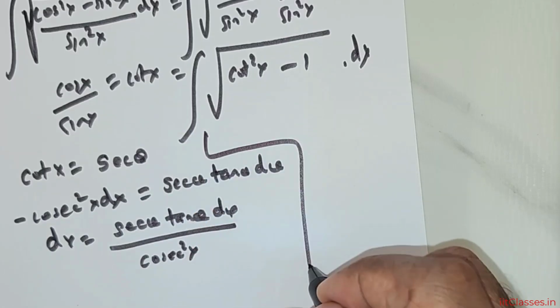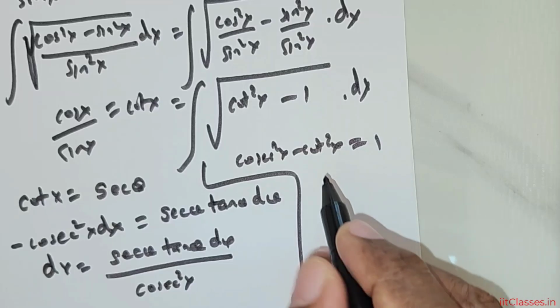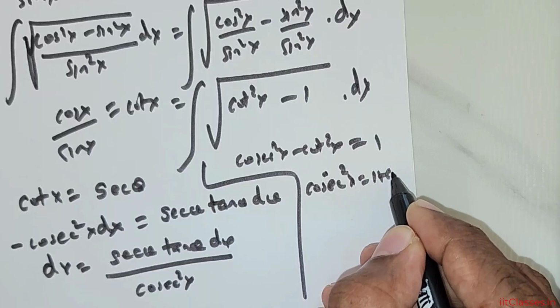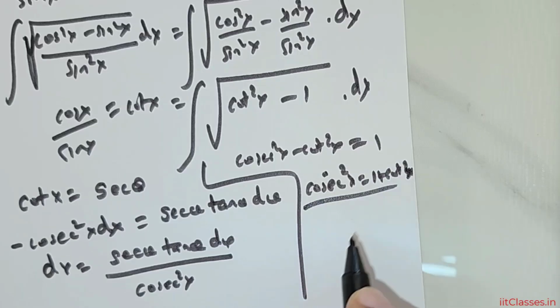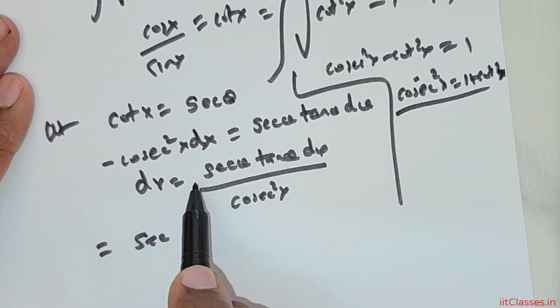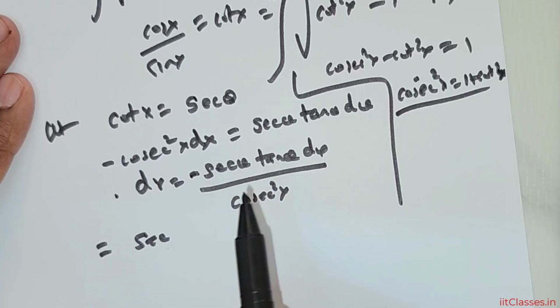Now there is a formula: cosecant squared x minus cot squared x is equal to 1. So cosecant squared x is equal to 1 plus cot squared x. So utilizing this formula, there is a negative sign here, so let me place the negative sign there.